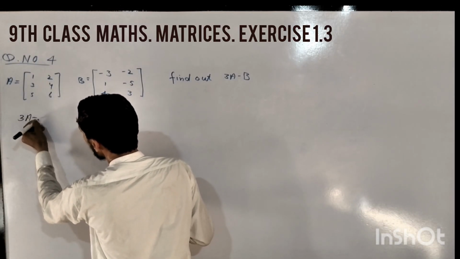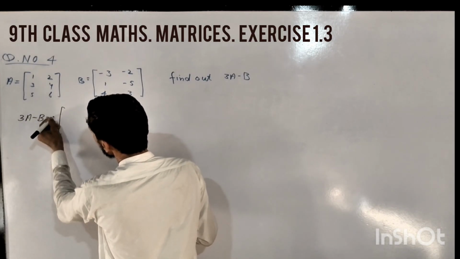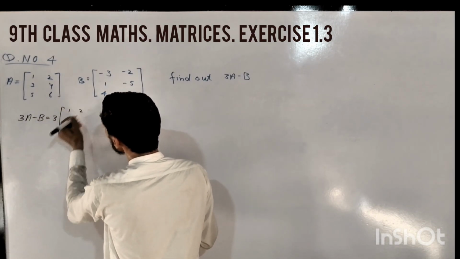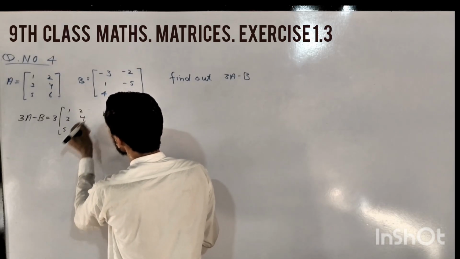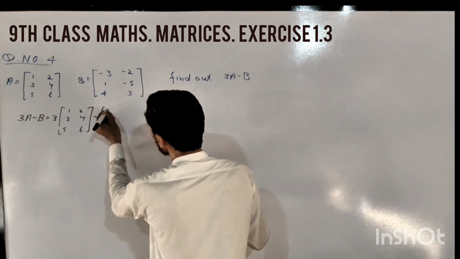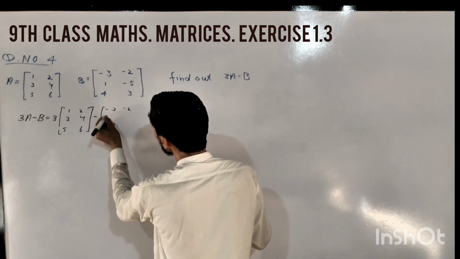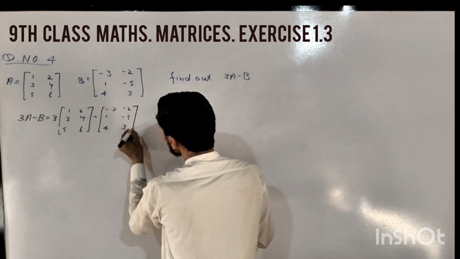3A minus B is equal to 3 times [1 2 3; 4 5 6], put the sign of minus, and this will be minus [-3 -2 1; -5 4 3].